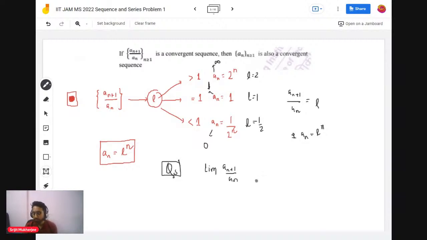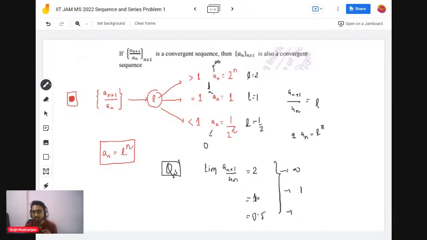If it's greater than 1, let's say equal to 2, how does it behave? Note the limit is 2, not the individual number. So the limit is 2, the limit is 1, and the limit is 0.5. That's a food for thought question for you: does this mean it always diverges in one case, and converges in the other cases? Does it always mean that way? Very interesting problem, so think about it, okay?